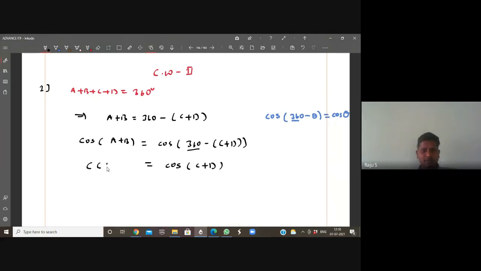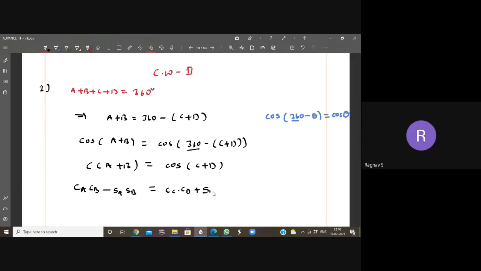Here cos of (A plus B). What is cos (A plus B)? Cos A cos B minus sin A sin B. Am I right? And cos (C plus D), whenever plus becomes minus, minus becomes plus: cos C cos D minus sin C sin D. Sir, minus, sir.